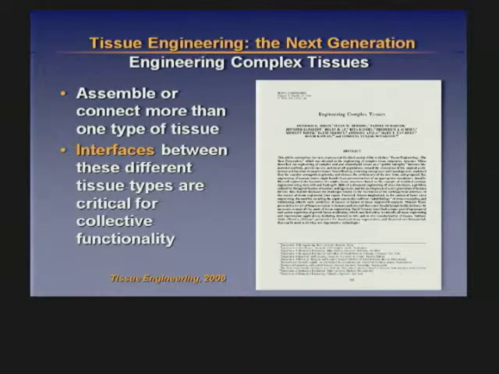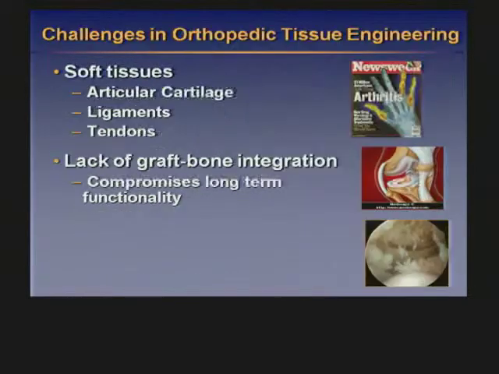This means connecting different types of tissues together to form complex tissue systems that are multi-tissue and more organ-like, or more physiologically relevant. And to do so, understanding the interface between different types of tissues is a very critical juncture, almost a threshold before we can move to engineering complex tissue systems. And this is being recognized by the field.